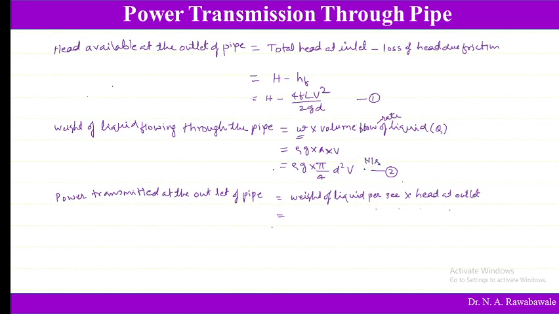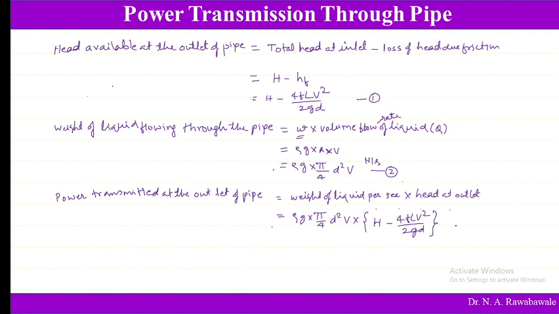Then the power is rho g into pi by 4 d square V into the head at outlet, given by equation number 1, that is h minus 4 f l v square divided by 2 g d.